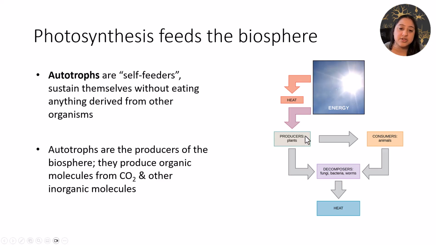Producers, like plants, make the energy from sunlight, and so they are autotrophs that, in a biosphere, are producers. They produce those organic molecules from inorganic molecules. Consumers then eat the producers. That's going to be on the next couple of slides.